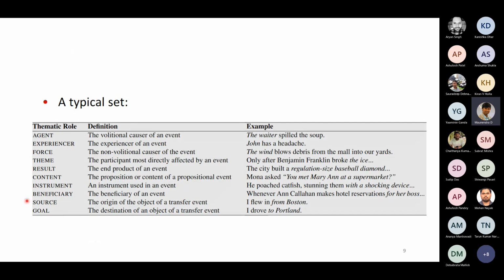So here there is a list of some thematic roles which is coming from one specific dataset: agent, experiencer, force, theme, result, content, and so on. The definitions and examples are there. So different datasets will have different thematic roles or semantic roles or role labels.